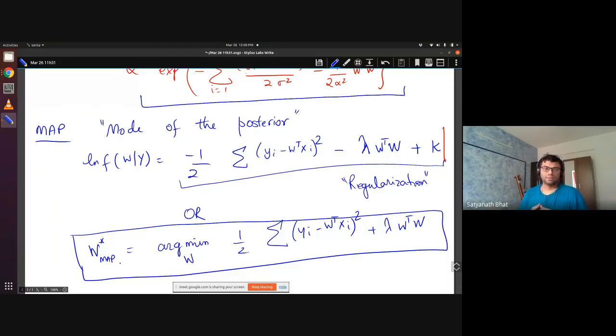Now you will recognize that this first portion is your usual LMS, least mean square error. The second term is what is called a regularization term. We will discuss this in great detail, but you will see that this will occur. For now, just be convinced that this is what you will get.